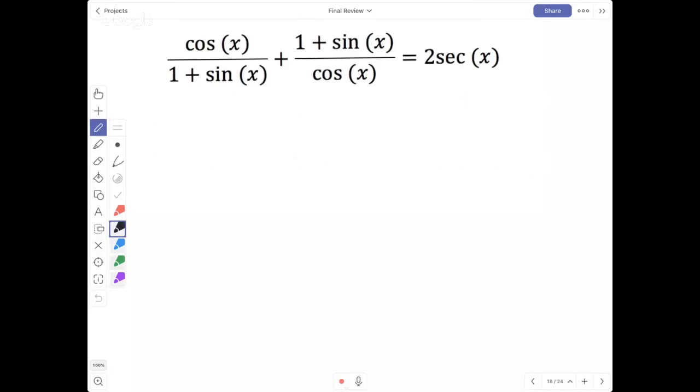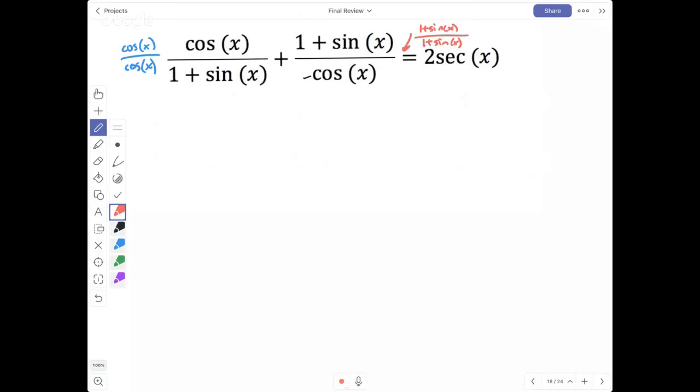Okay, so if I want to get this denominator over here, I'm going to have to multiply by cosine x over cosine x, which is just 1, so it will not change the value. And here I'm going to have to multiply by 1 plus sine of x over 1 plus sine of x, which again is just 1, and so it doesn't change the value of anything.